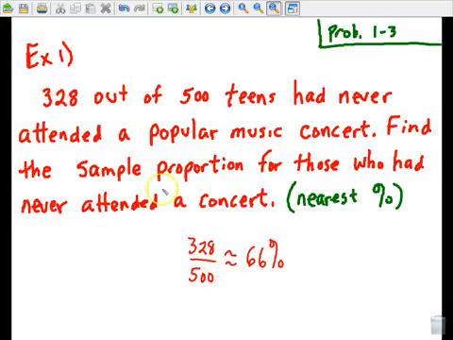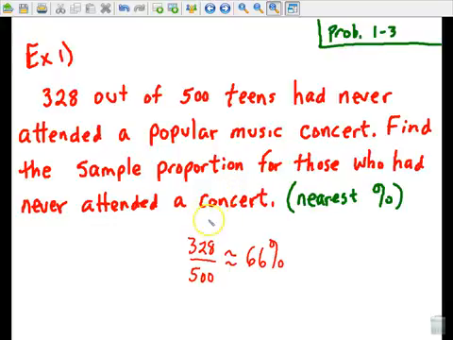You have to read the question carefully. It could be worded like this: we sampled 500 teens, and this many had never attended. What's the sample proportion of those who have attended? Obviously, that would be the difference. If we did 500 minus 328, that's 172.